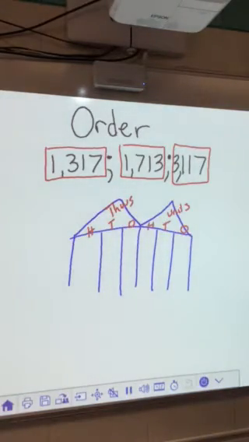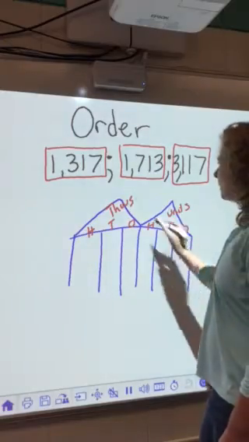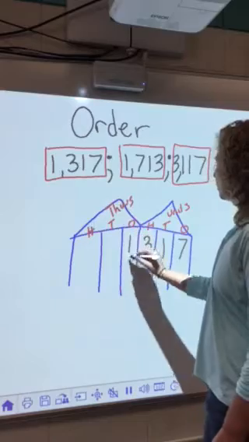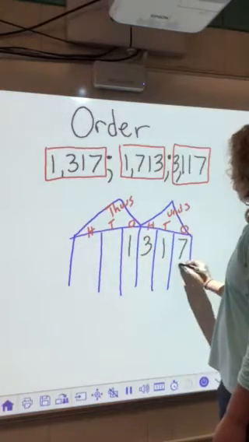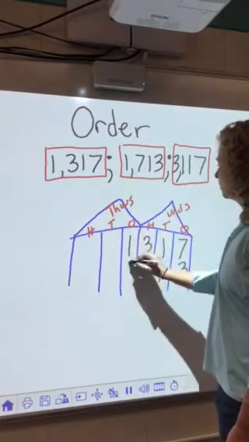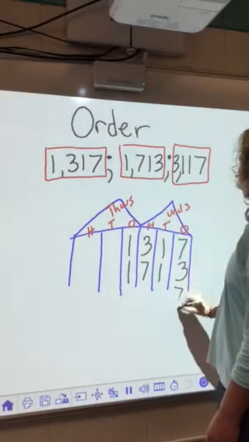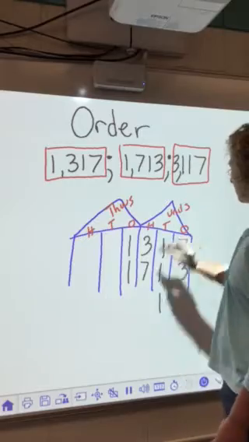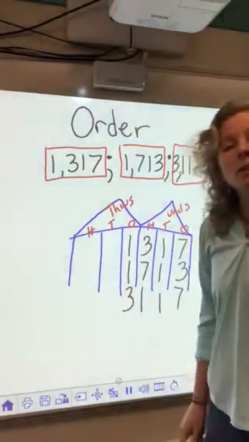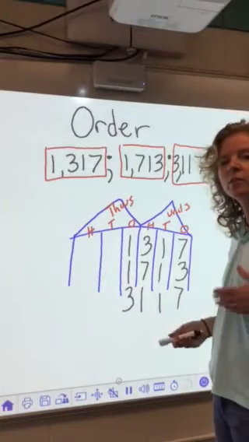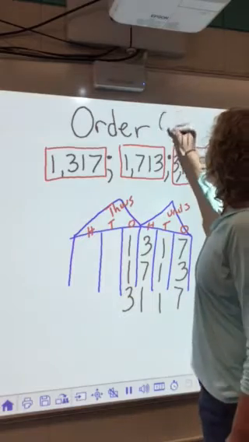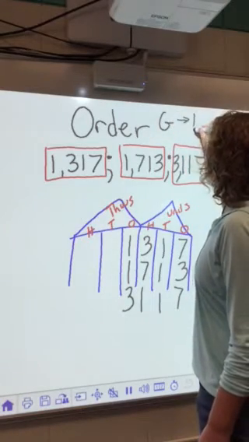Now let's go ahead and stick our numbers in. 7, 1, 3, 1. 3, 1, 7, 1. 7, 1, 1, 3. Now, in order to put these in order, there have to be directions. Am I putting them least to greatest or greatest to least? Well, this time, let's go ahead with greatest to least.